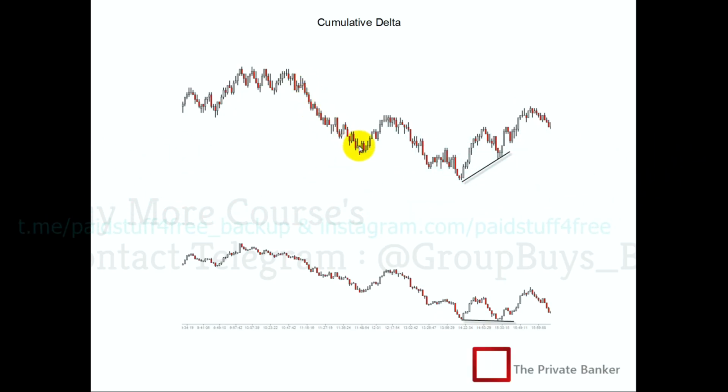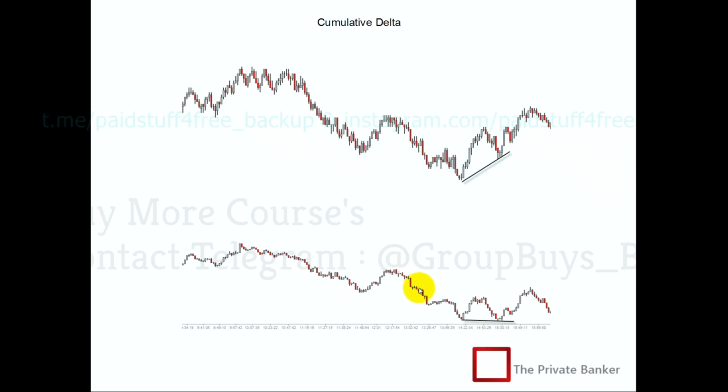Again, we see that that was represented on the cumulative delta. And then we made a small pullback and we went sideways for a while, and we see that delta also kind of came right back up to where we were balancing at before, and just sideways price action, and eventually we see that both price and delta are starting to drop again.